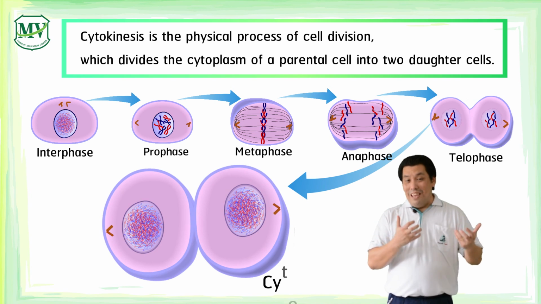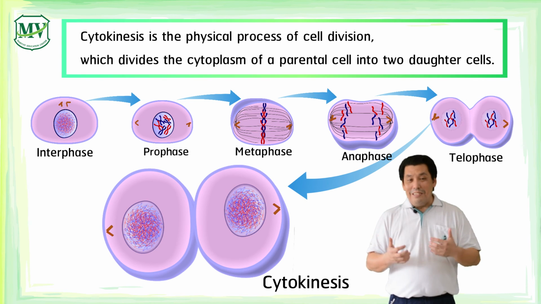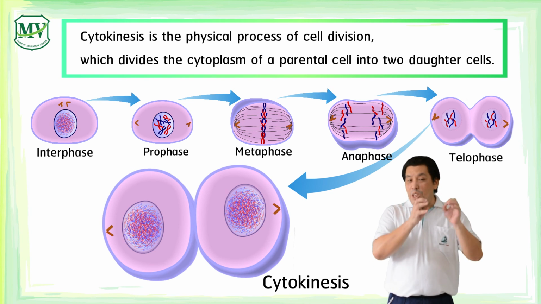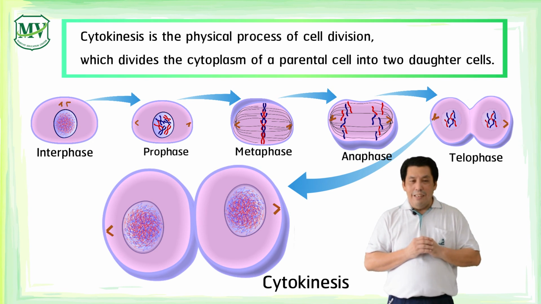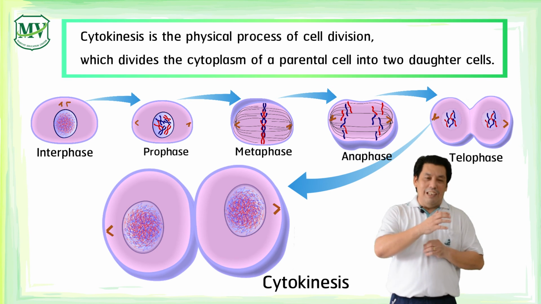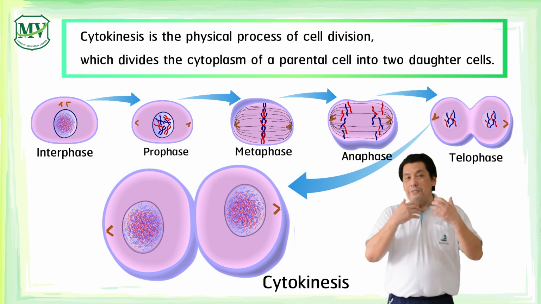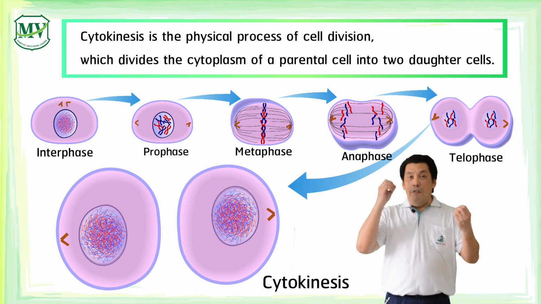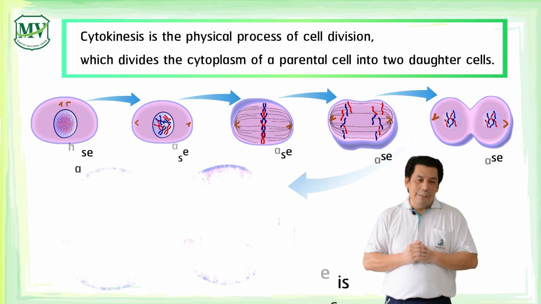So how does one cell become two cells? Cytokinesis is responsible for completing the process of cell division by taking those new nuclei, separating the old cell in half, and ensuring that each of the new daughter cells contains one of the new nuclei.